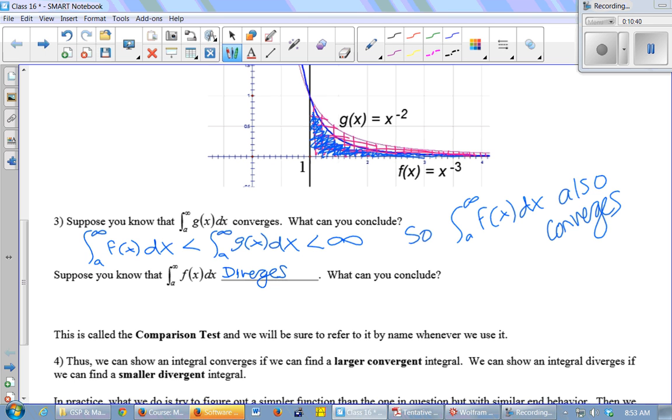What can you conclude about the pink area? It has to also diverge. If the blue area is infinite, the pink area is larger than the blue area, right? It's always above. So if what you have in blue is infinite, then the pink also has to be infinite. So I can conclude that the integral from a to infinity of g of x dx also diverges.